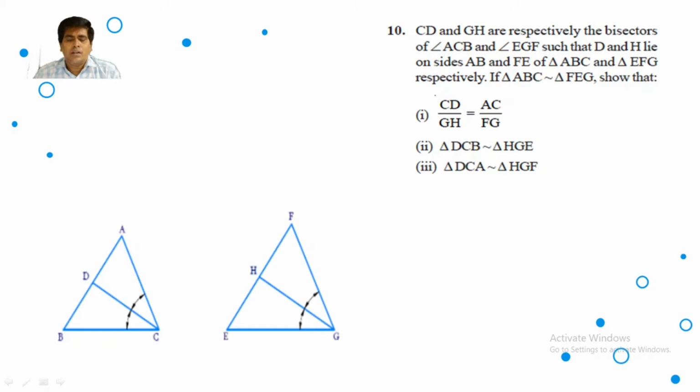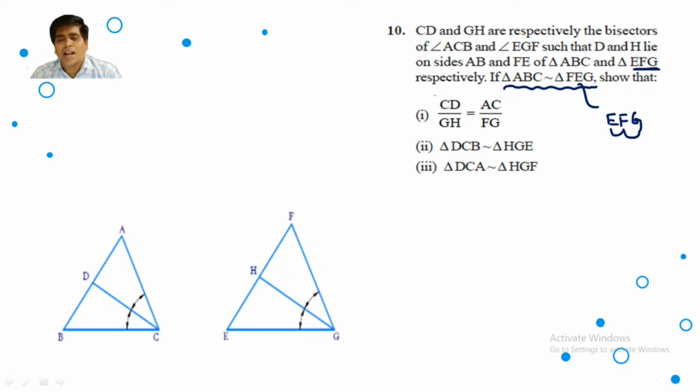First of all, you should notice that these two triangles are similar. Which two triangles? Triangle ABC is similar to triangle FEG. Most of the students feel it should be EFG, because E comes after F and G after that. But here the order is interchanged, FEG.